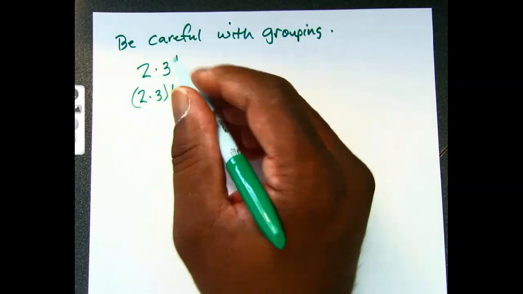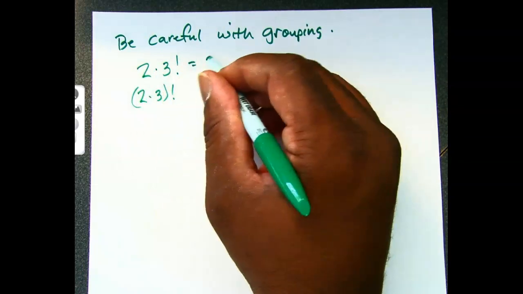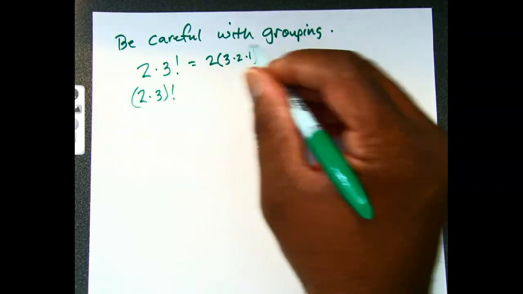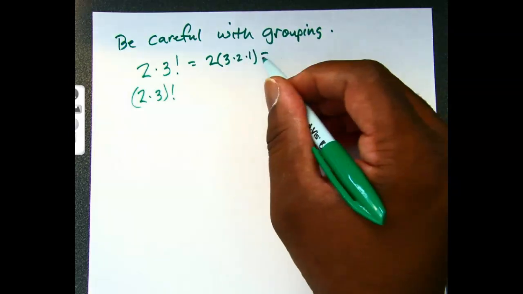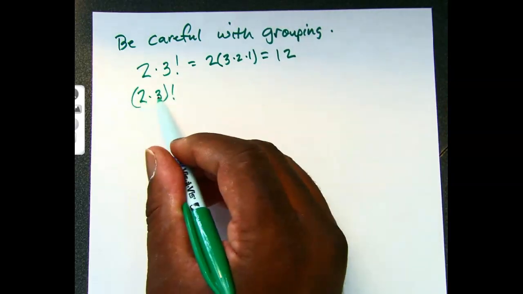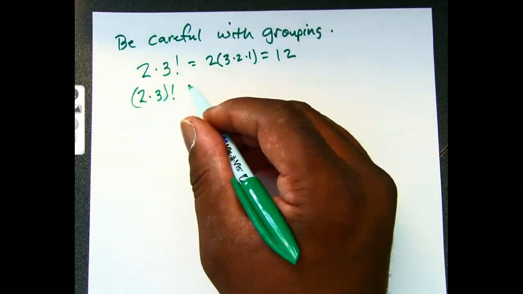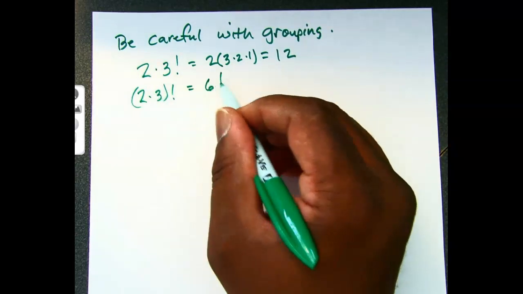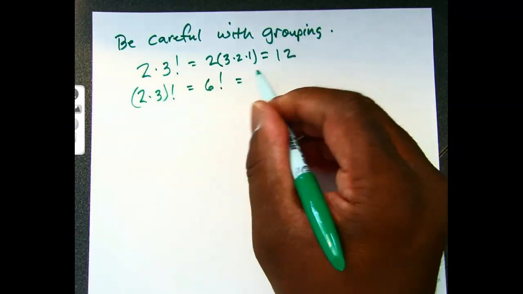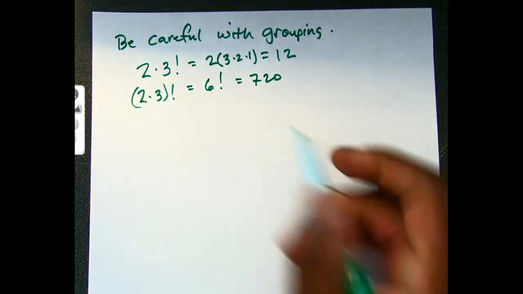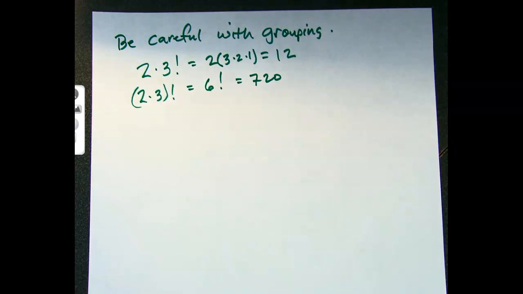So 2 times 3 factorial is the same thing as 2 times 3 times 2 times 1, which is 2 times 6, and that's 12. Whereas for 2 times 3, factorial, we do the parentheses first, 2 times 3, so that would be 6 factorial, and 6 factorial is, I believe, 720. Okay, so you have to be really careful with the grouping there.